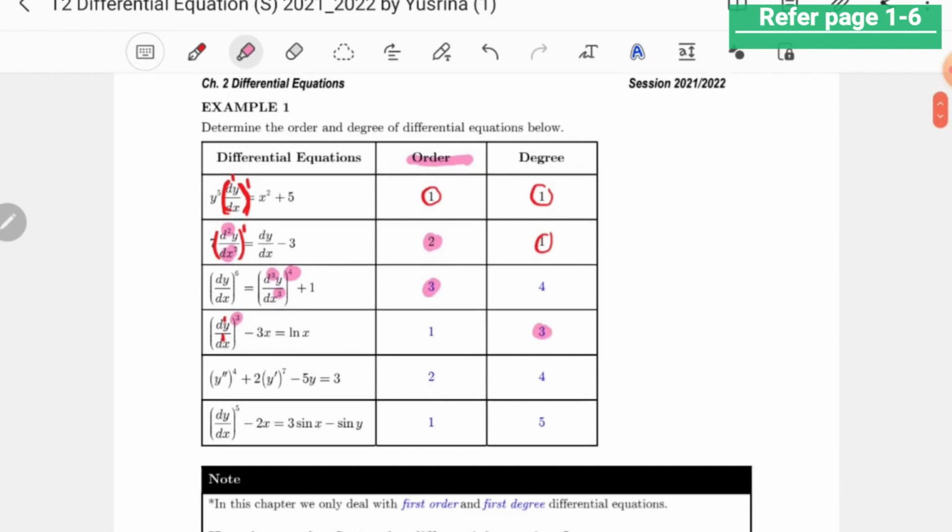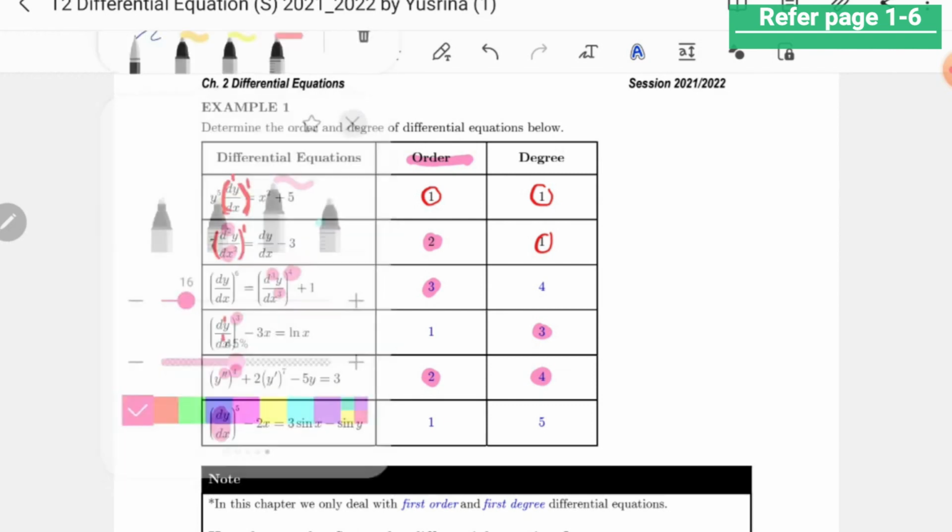Next, the second last one, the highest derivative is 2 and the degree equals 4. And the last one, the highest derivative equals 1, and the power, that means the degree, equals 5.